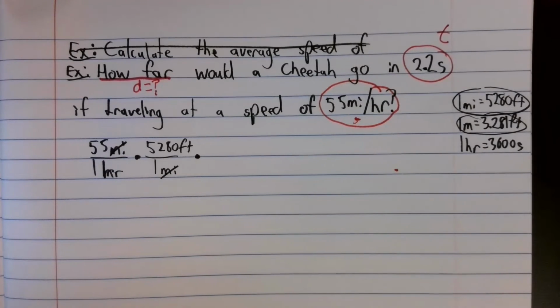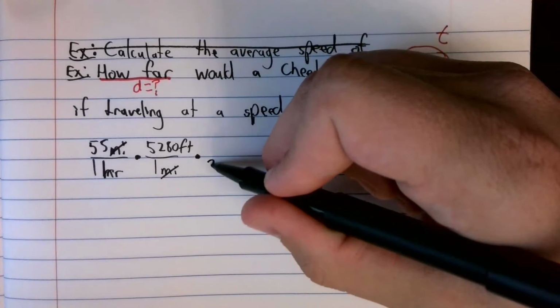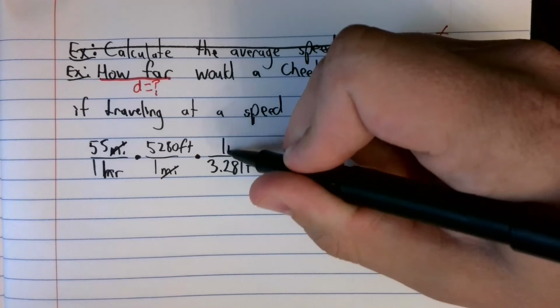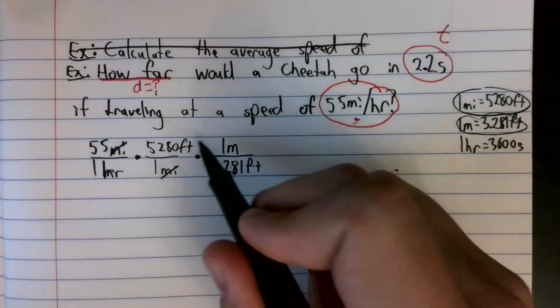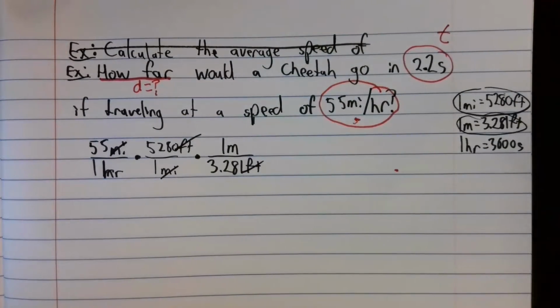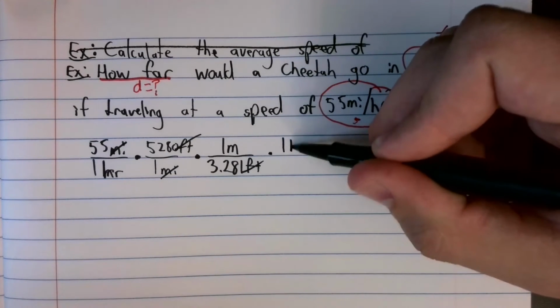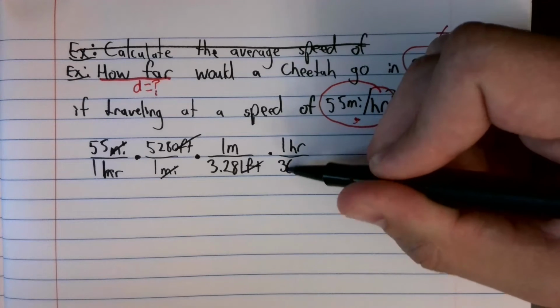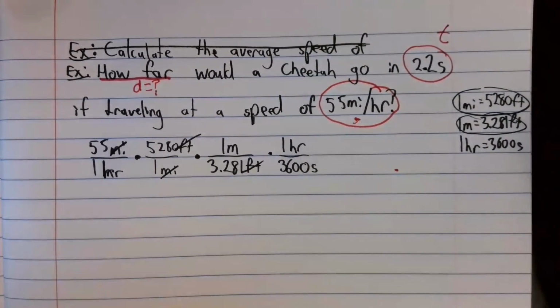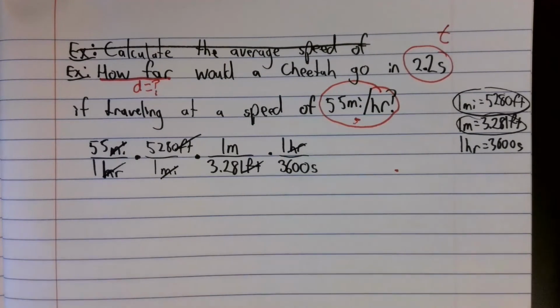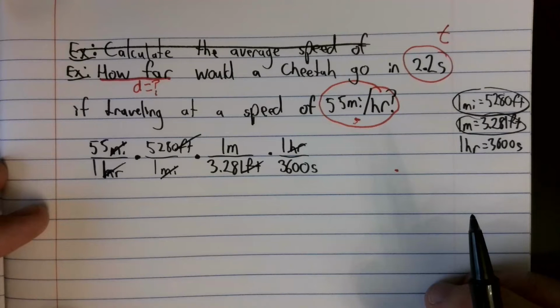Hence the second conversion factor. I'll put 3.281 feet on bottom and 1 meter on top. And finally, I've got to get rid of hours, so I'll put 1 hour on top, 3,600 seconds on bottom. So if you type this in the calculator, you'll get about 24.6.